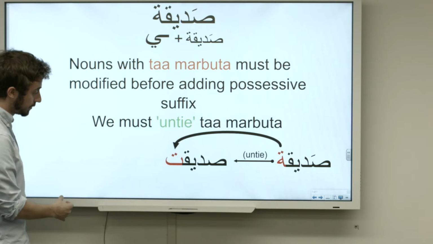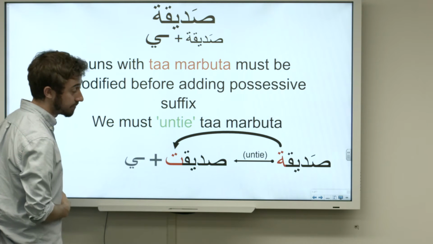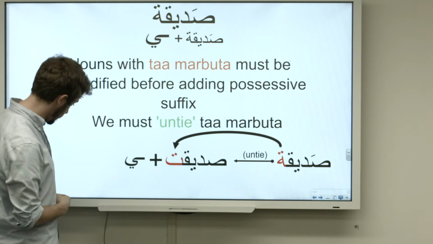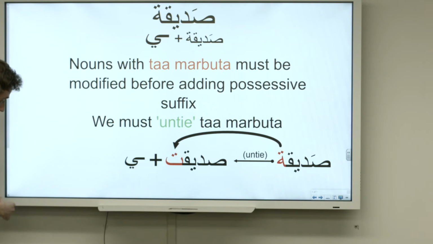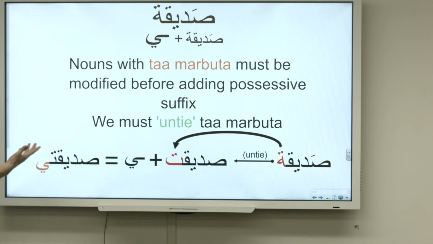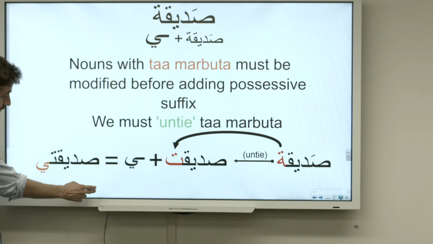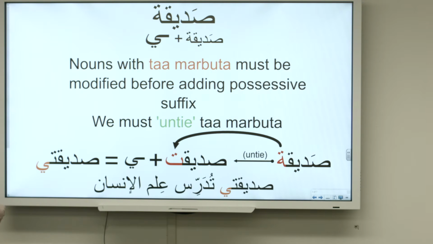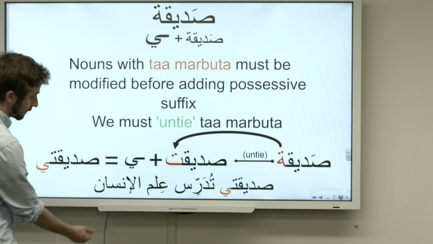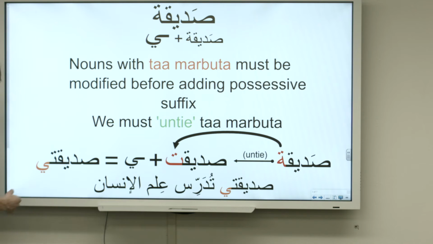Then we are able to add the possessive suffix for my, which is the ya, and the end result is sadiqati, sadiqti. Either pronunciation is good. And let's just use it in a sentence really quickly. Sadiqati tudarris ilm al-insan. My female friend teaches anthropology, or like the science of people, kind of.